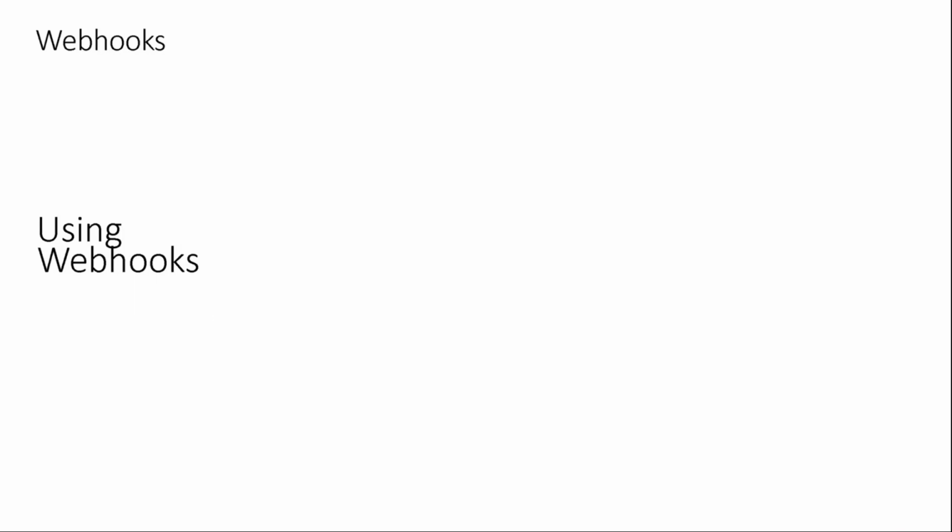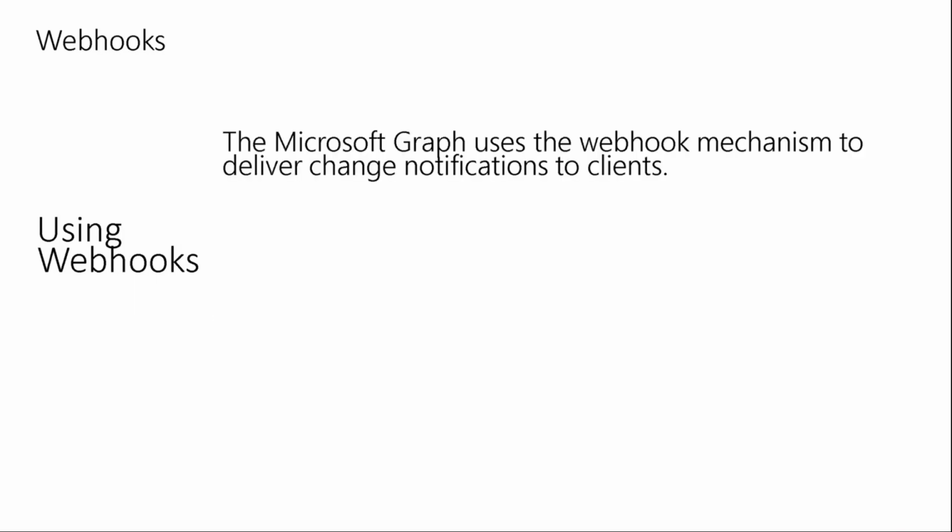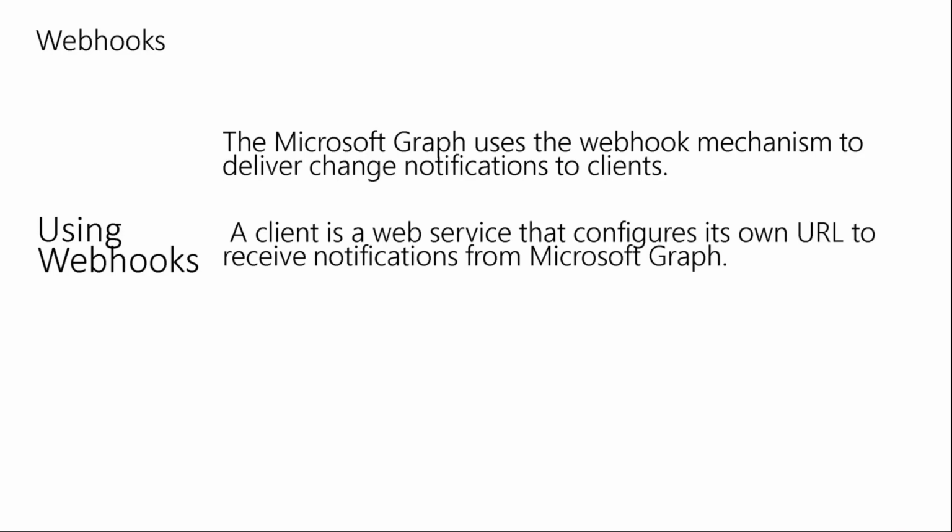Going forward, as an application developer, you will set up a subscription and develop a client application which provides an internet-facing web service that can receive notifications from Microsoft Graph. So that's how the applications come together.